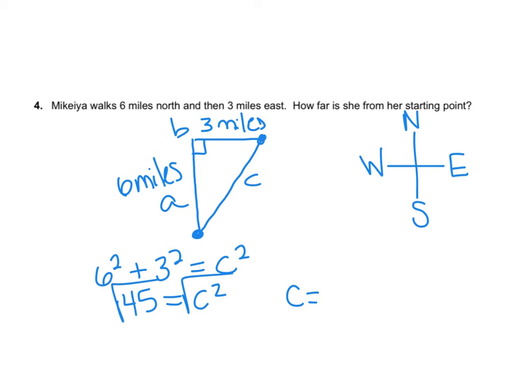So our c is going to be equal to 6.708 something. So let's just say 6.7. And so the distance from here to here is going to be 6.7 miles. So in this lesson, we took a look at applying the Pythagorean theorem in real-world applications.